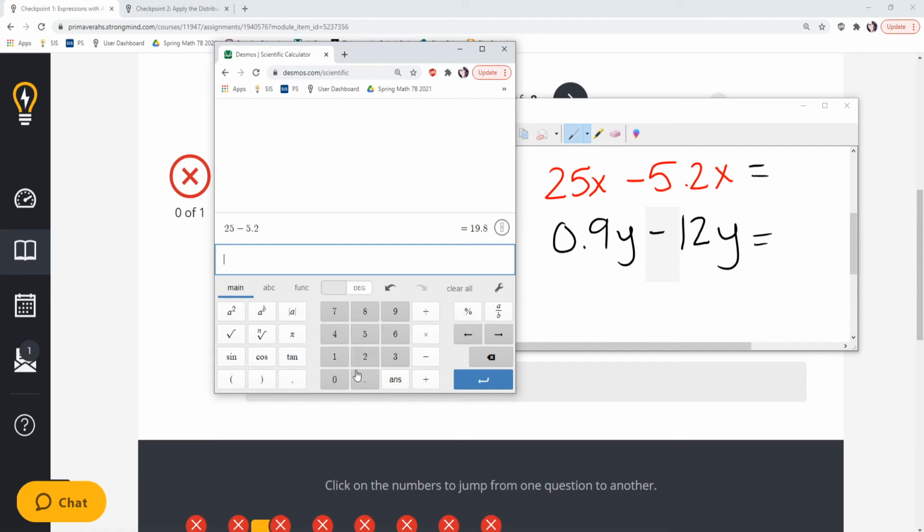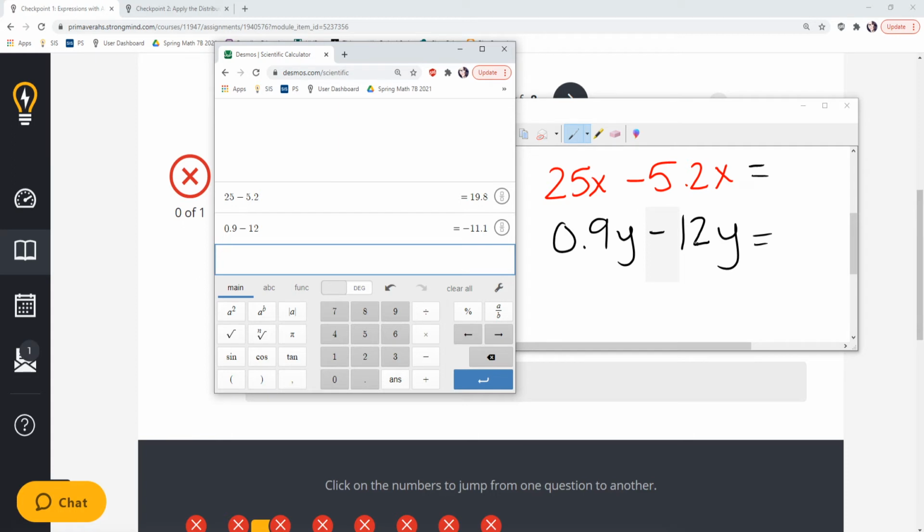And this next one here is 0.9 minus 12. Another thing you want to remember when you're typing stuff into the calculator is you want it to look exactly the same as your problem over here, except we don't want these variables in it. So here 25 came first, 5.2 came second, 0.9 came first, 12 came second. So just make sure that what you're typing in looks like your problem over here.